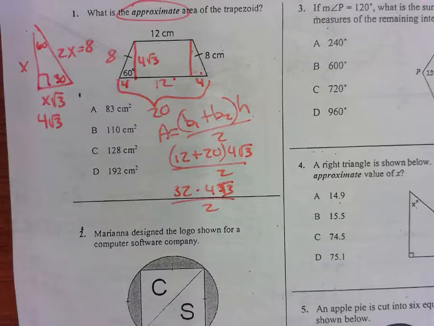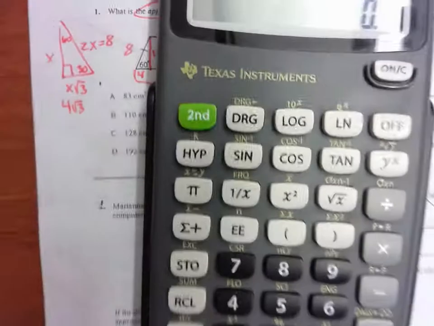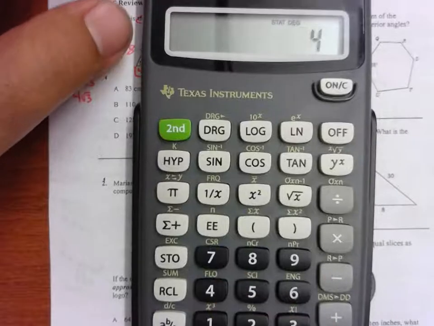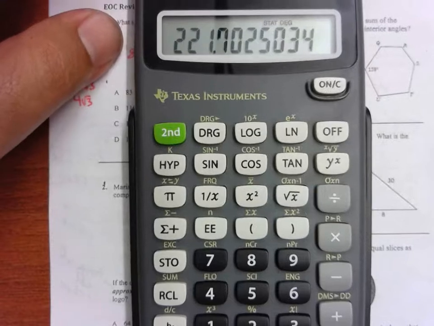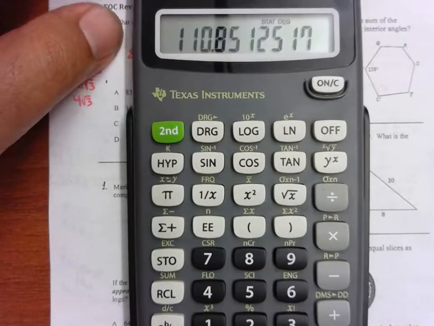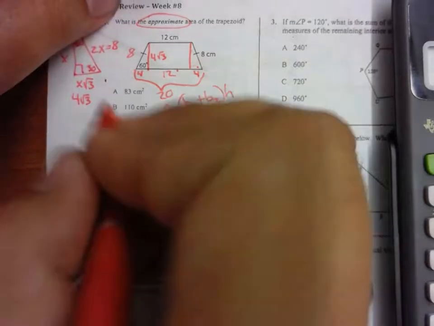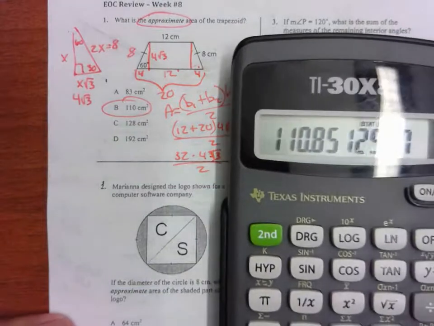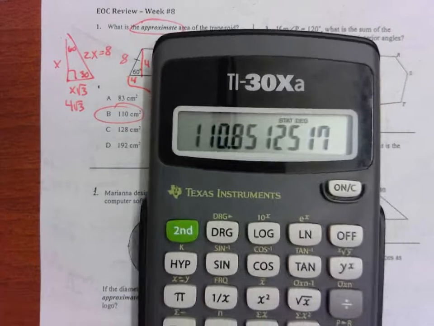Plug it into the calculator. 32 times 4 times 3 radical divided by 2. Your answer is? 110.8. You don't have to do the square root of 3 first? You don't have to because I did times 3 radical.